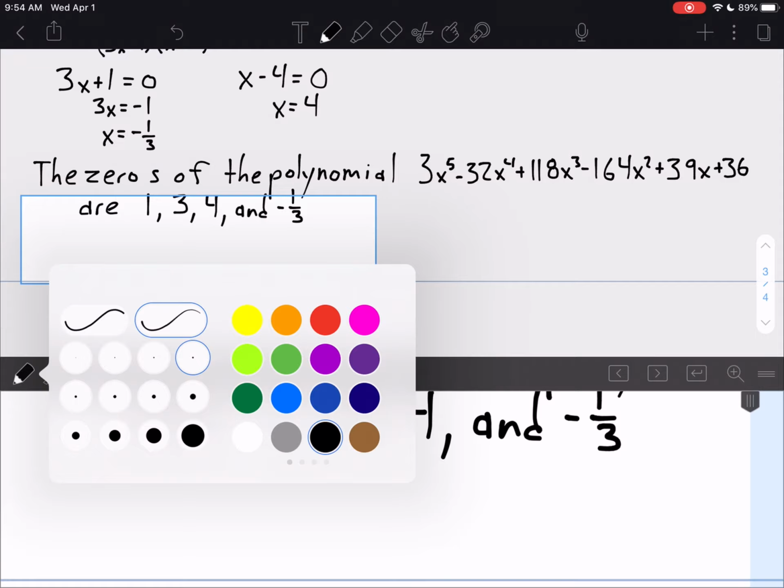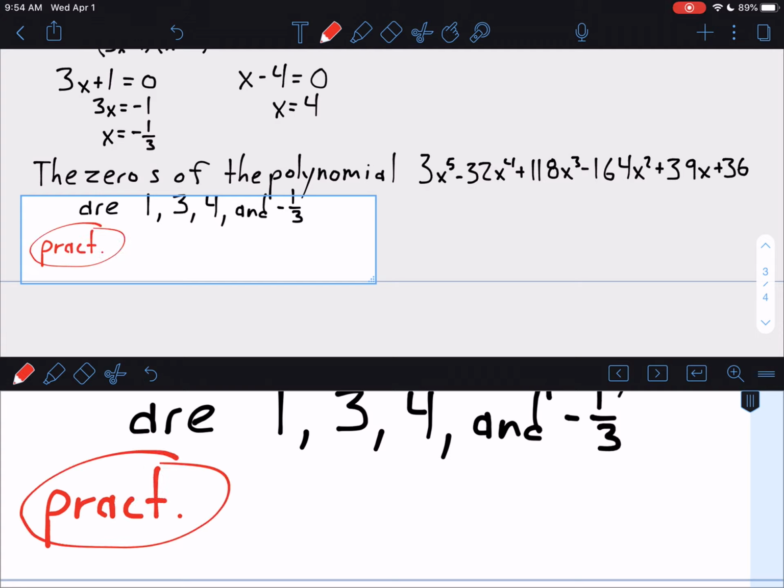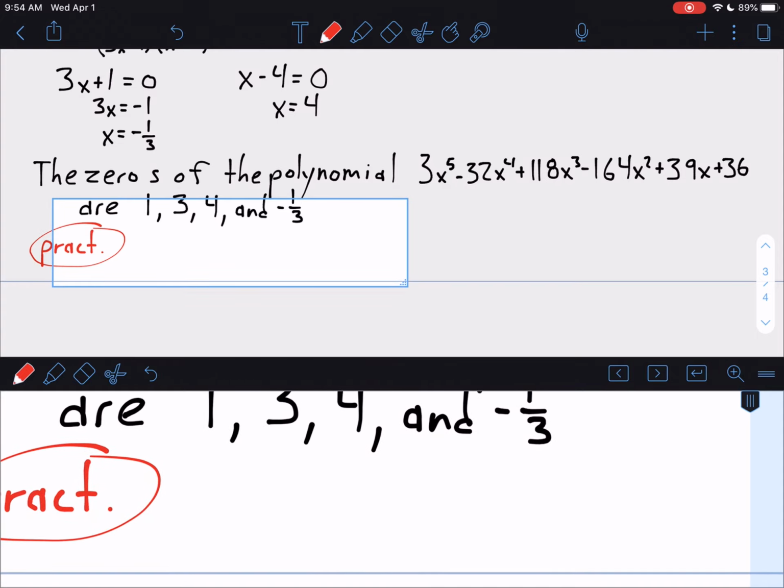All right, so here is a practice problem that I want you guys to try. It's not going to be too hard. This is just a third degree polynomial. So let's see, let me pull it up here.